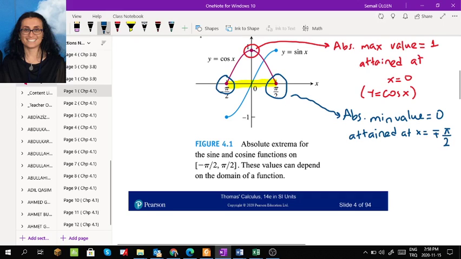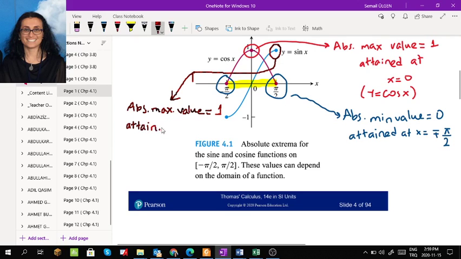For sine x, I should use another color. The blue graph is sine x, and where is the biggest value for sine x? This is the biggest value. The absolute maximum value for sine x is 1, obtained at x equals pi over 2.